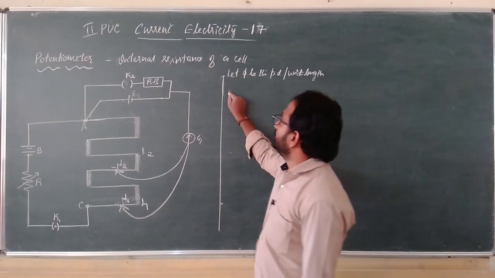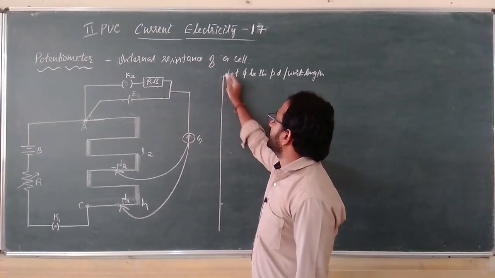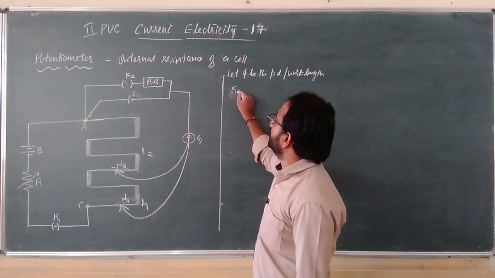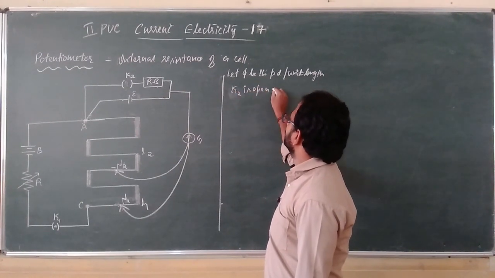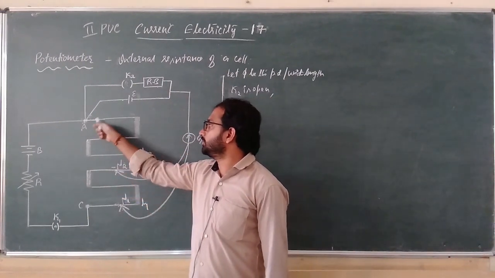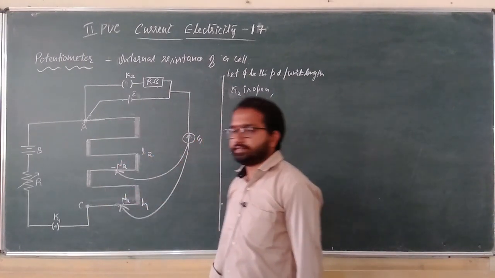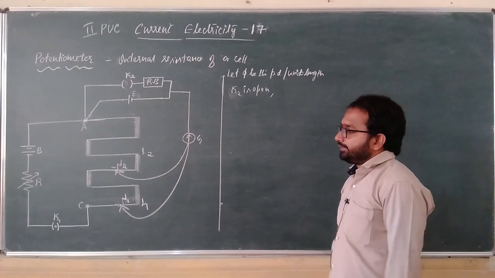So K2 is open and the jockey is moved along the length of the wire.